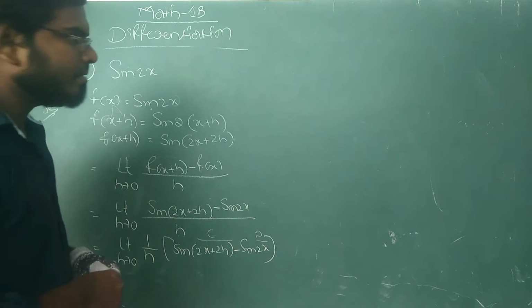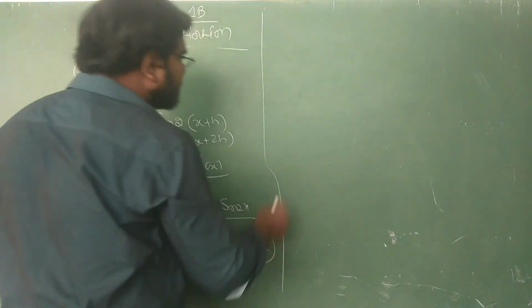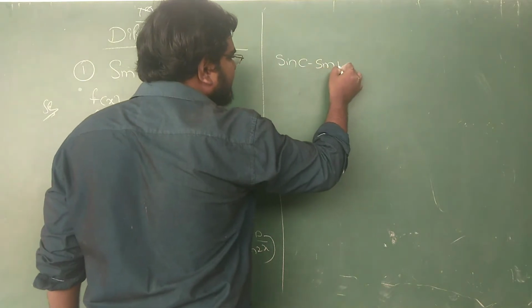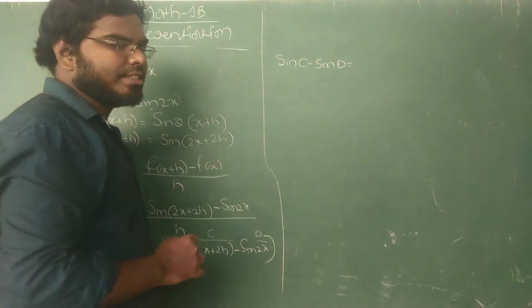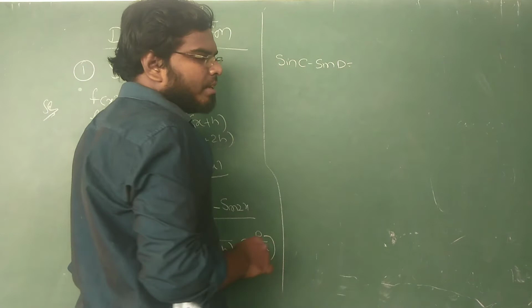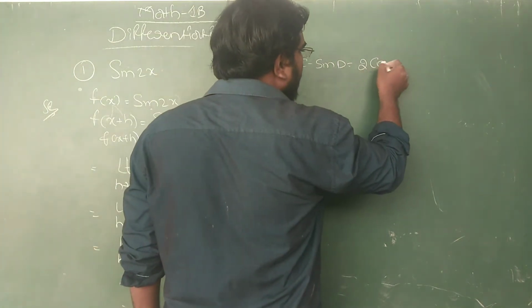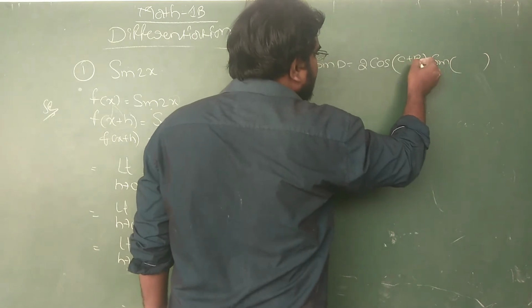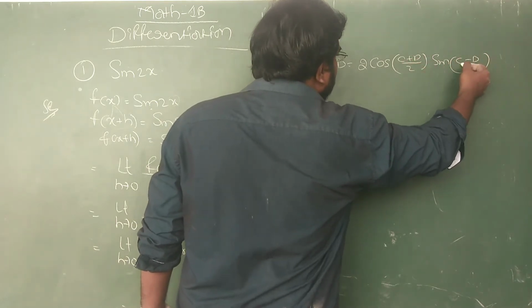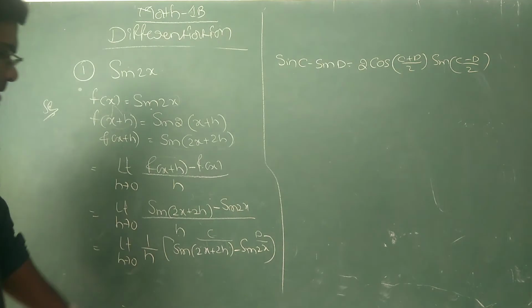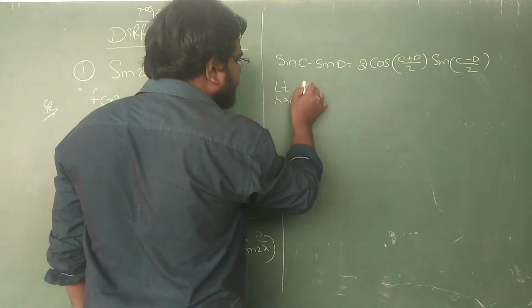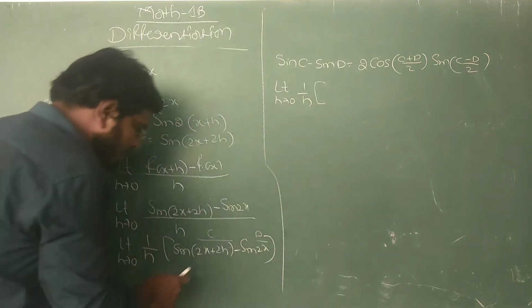Already we learned this in maths. What is the formula? Sin C minus sin D is equal to 2, with the minus symbol now, first write the cos and then the sin: cos of C plus D by 2, sin of C minus D by 2. Substitute here: limit h tends to 0, 1 by h.